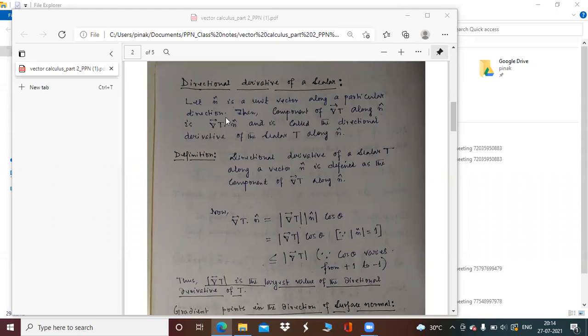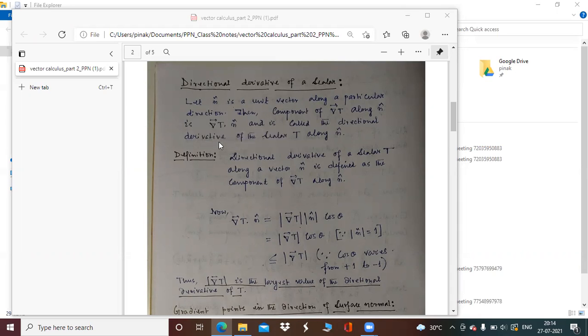This means, since n cap is a unit vector and grad of T is another vector, the component of grad of T along n cap is given by, as we know, the dot product between grad of T and n cap. And this component of grad of T along n cap is nothing but the directional derivative of the scalar T along n cap.